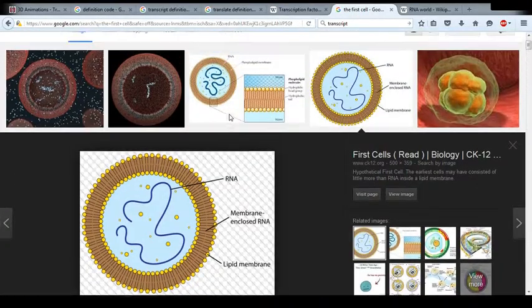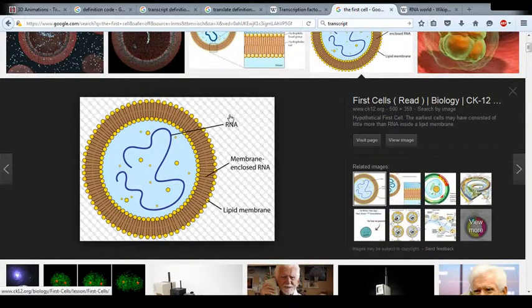I wanted to get into the first cell and the theory of where this first cell came from and the origins. So basically, the first cell is theorized to be something like this. You have this biphospholipid membrane, and then you also have just an RNA strand in there.